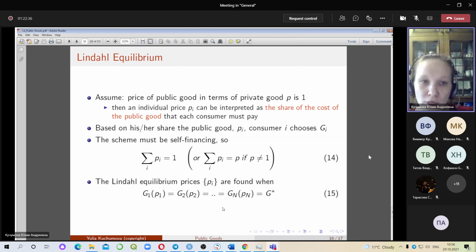The problems in your homework about the Lindahl equilibrium are optional, but we will see how it works at the seminar. What I also have to say is that you will have homework till next Friday. Next week is a special week for you because of the president holidays. We will not have a live lecture next week, but you will have to work.